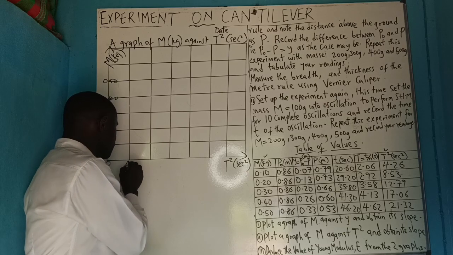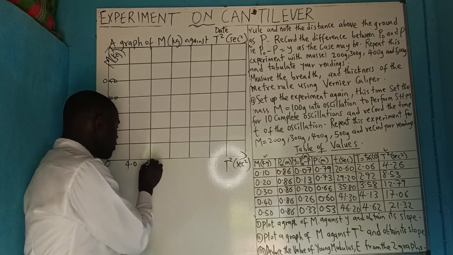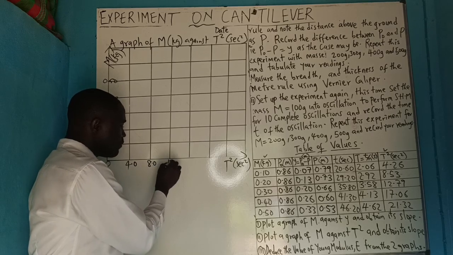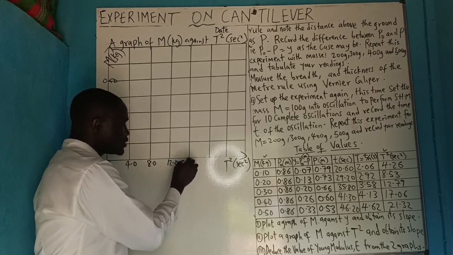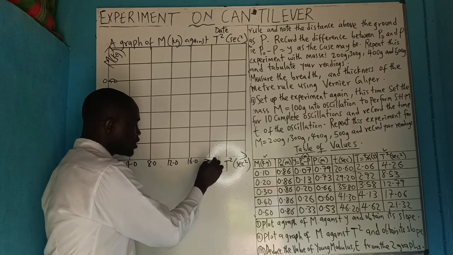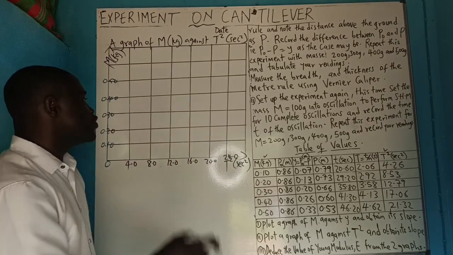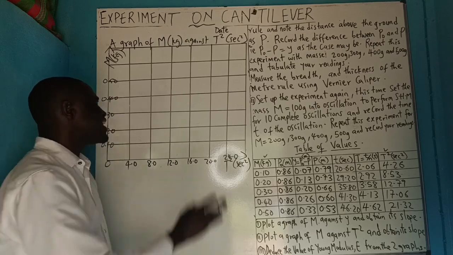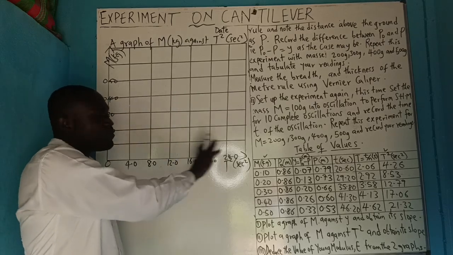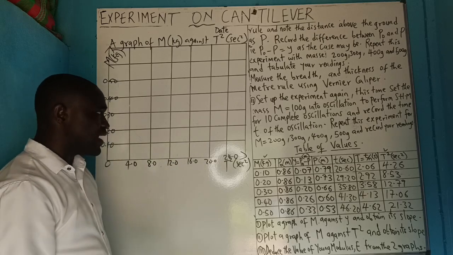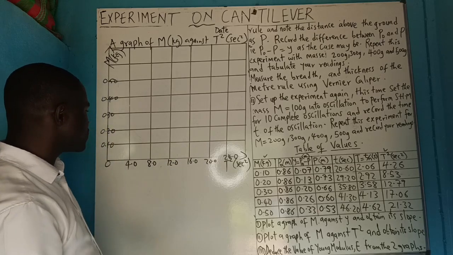So 4.0, 8.0, 12.0, 16.0, 20.0, 24.0. The scale you use depends on the standard graph you are using and how many big bars you can see there. This is just a sketch of the graph. Are you getting it? So you use your own to see what it will give you.